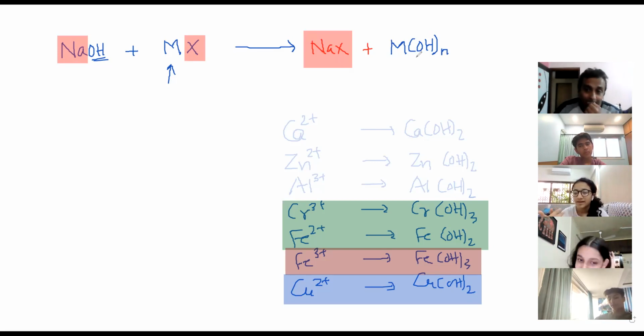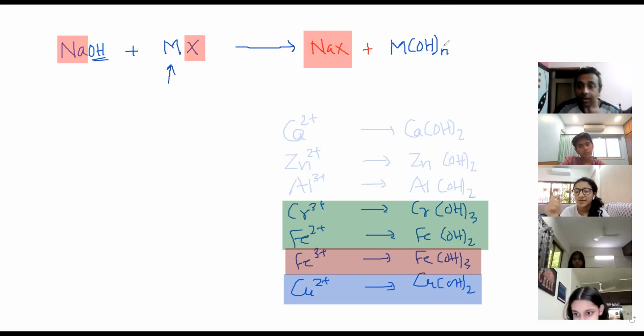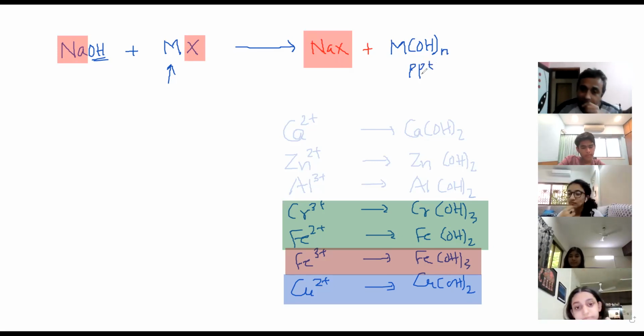No, they're not all alkaline. They form precipitate. They all form precipitate. Now, what is the meaning of the word precipitate? It's an insoluble solid formed during the reaction. Precipitate is an insoluble solid formed during the reaction.